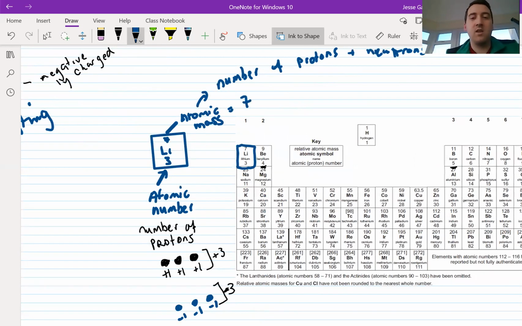So 7 is the number of protons plus the number of neutrons. Now, I already know that there's 3 protons. I've worked that out down here. So to get the number of neutrons, I take the atomic mass, I take away my number of protons, which was 3. And that means I've got 4 neutrons.